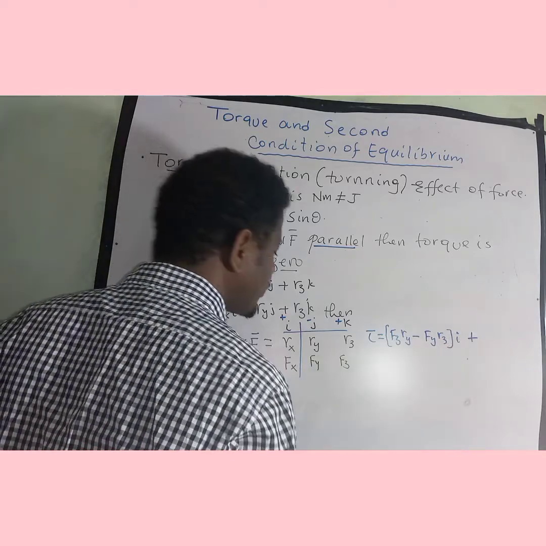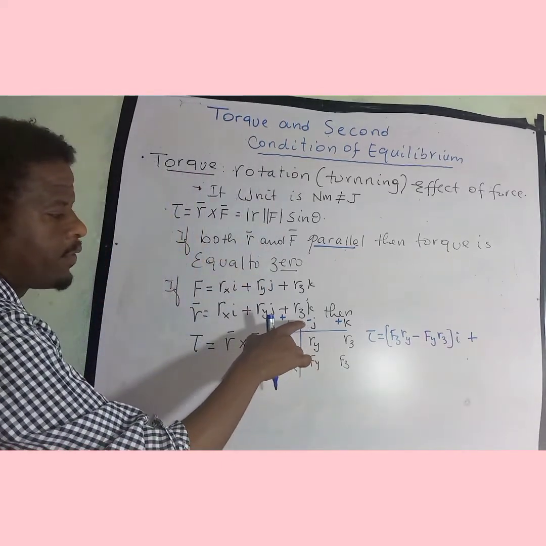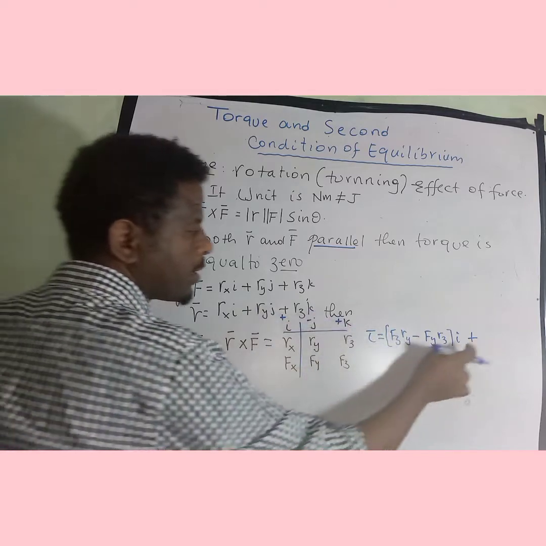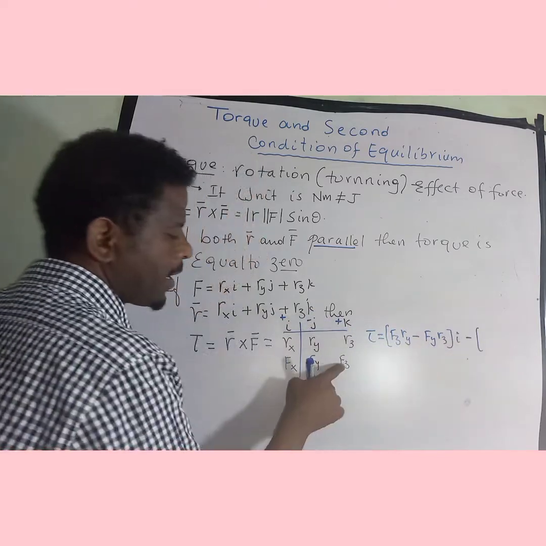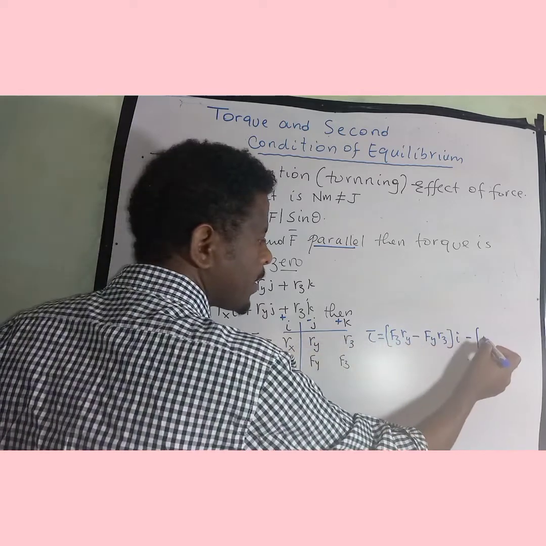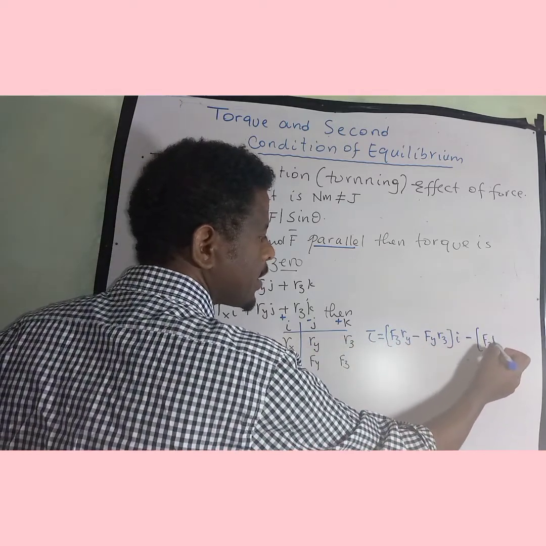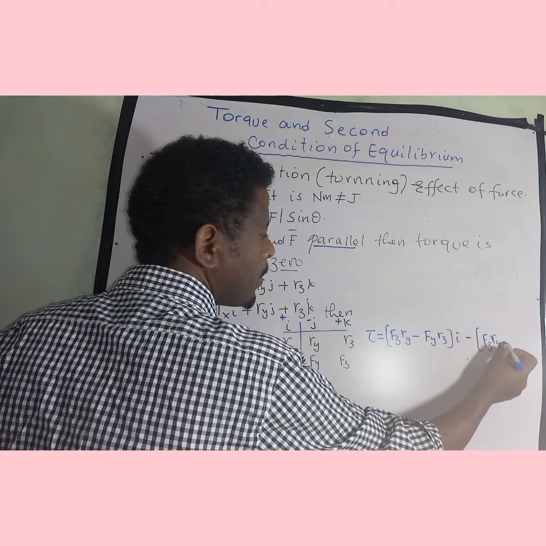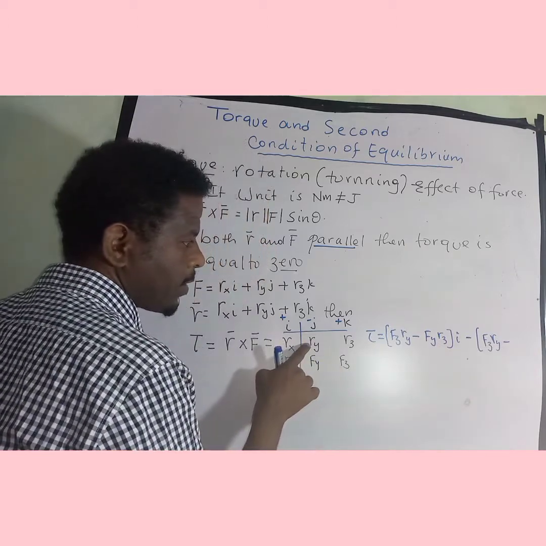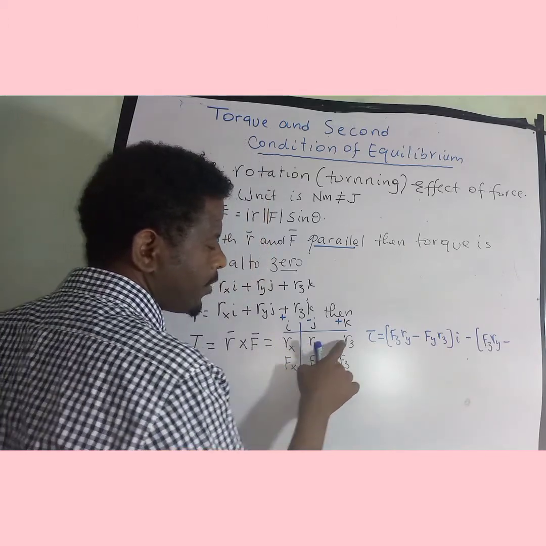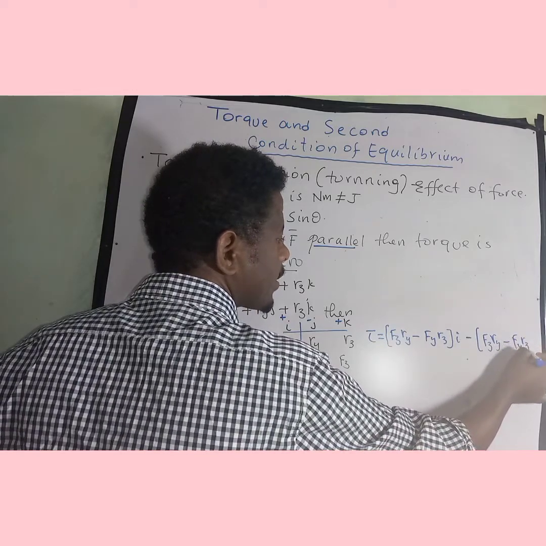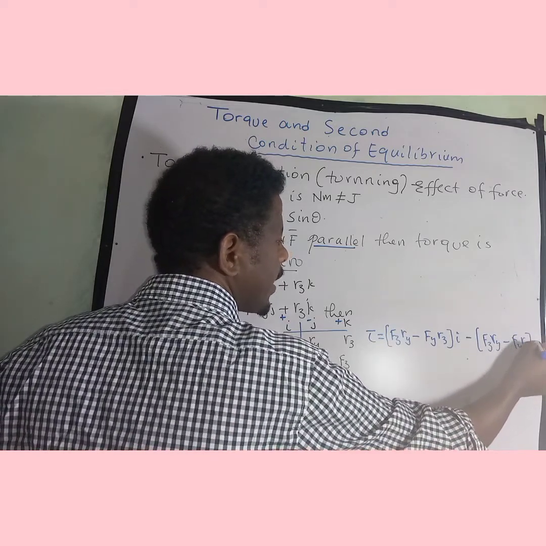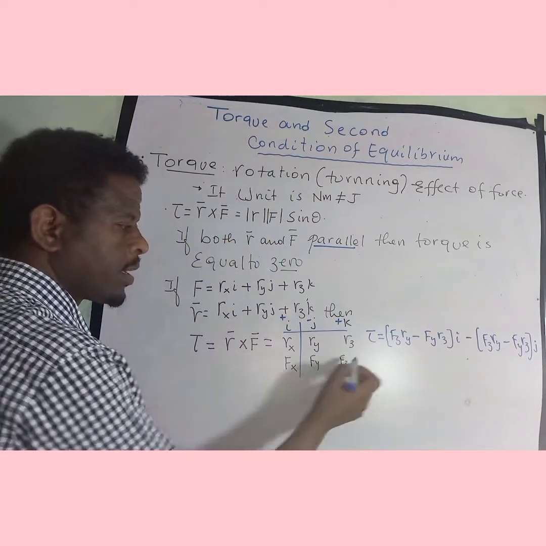Plus, again, the sign for j which is minus, into Fz Rx minus Fx Rz, direction j.